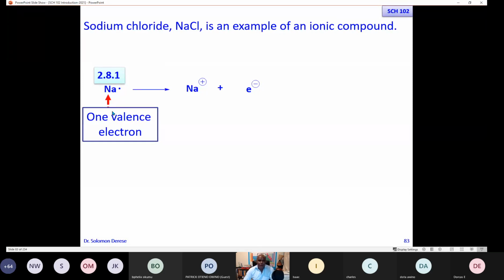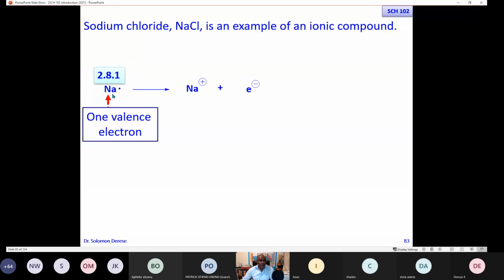To have an octet of electrons, to have 8 electrons in its valence shell, sodium will find it easy to get rid of this electron. So sodium, in order to have an octet of electrons, gives out its electron. When it gives out the electron, it becomes Na+.